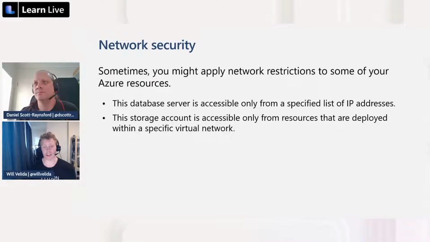Network restrictions are common within databases because it might seem like there's no need for anything on the internet to connect to that server. However, with network restrictions, it can make life a little bit tricky when it comes to deploying our resources and using our deployment workflows to interact with our resources' data plane.